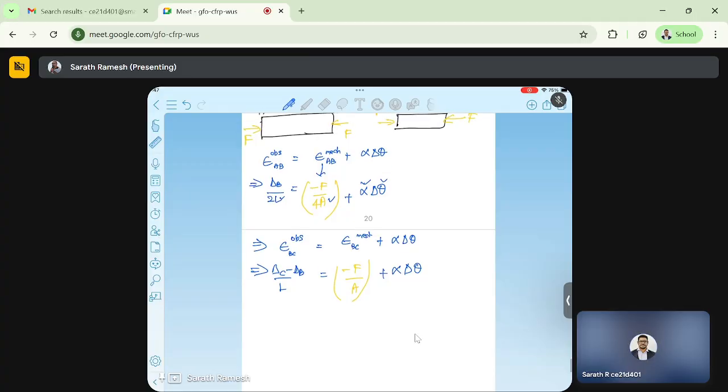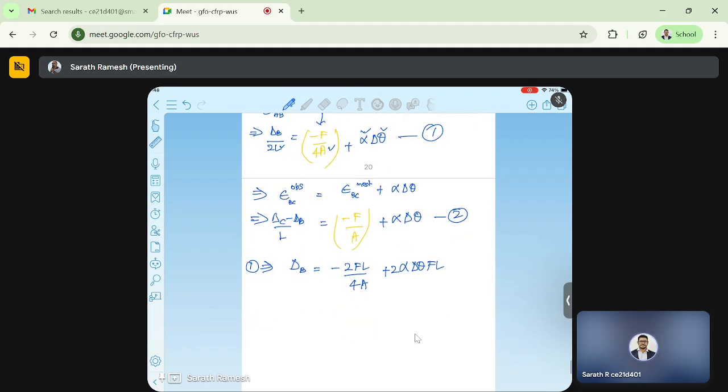So maybe this is equation 1, this is equation 2. Equation 1 implies delta B we can find, right? Delta B equals minus 2FL by 4A plus 2 alpha delta theta L, right?